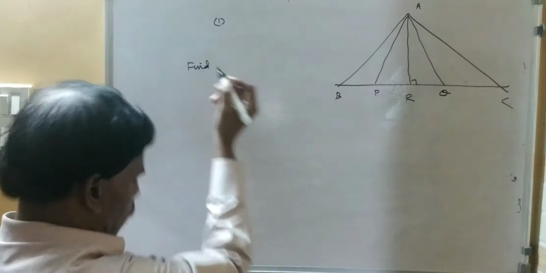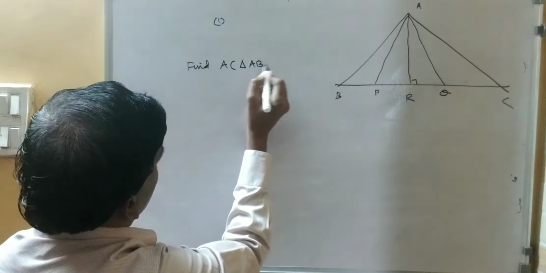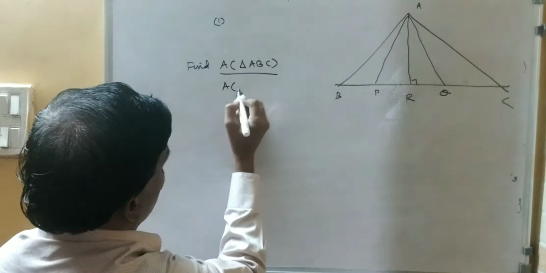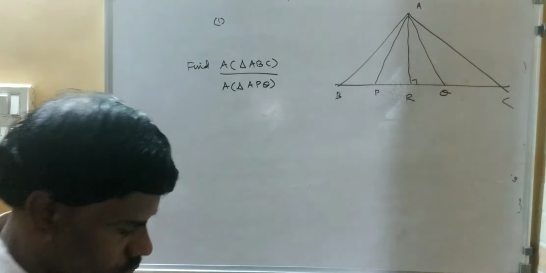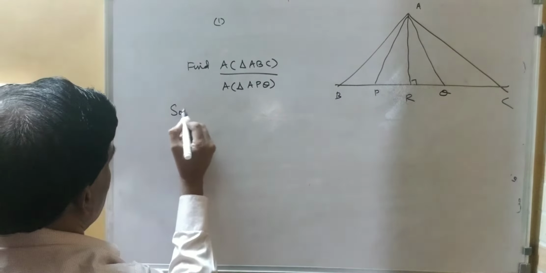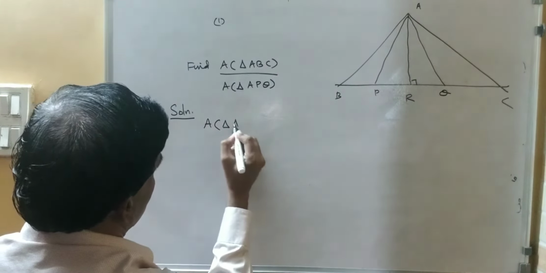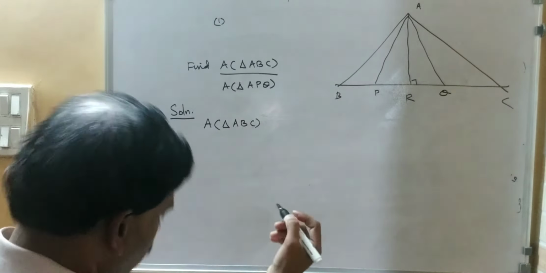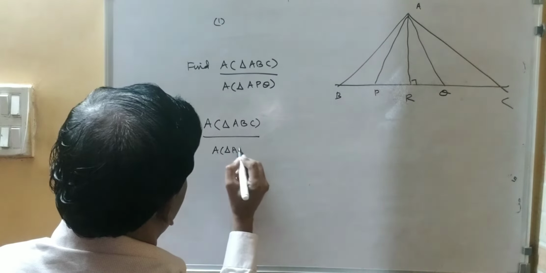Find the area of triangle ABC upon area of triangle APQ. You have to find this. Now solution. Area of triangle ABC upon area of triangle APQ.